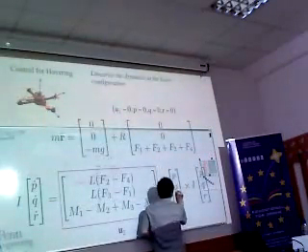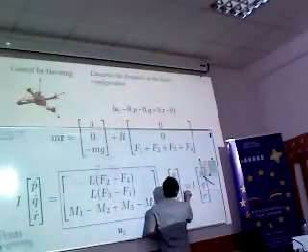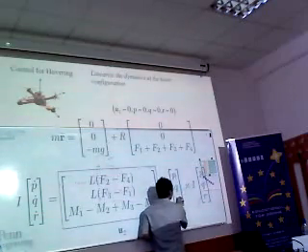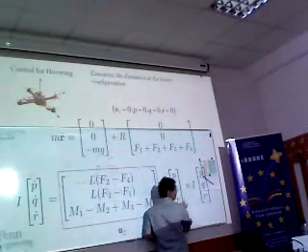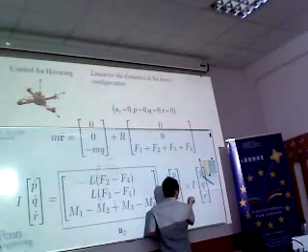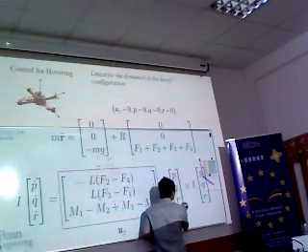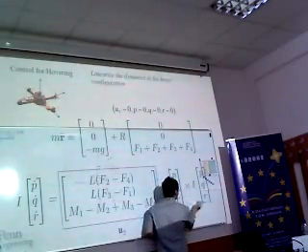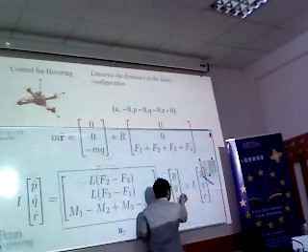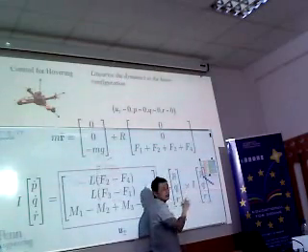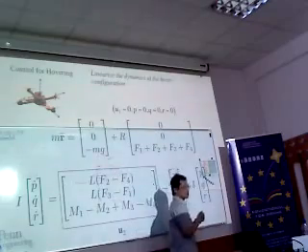For example, phi is very small, so we have sine phi equal to phi, right? And cosine phi equal to 1. So we don't have this non-linear parameter anymore.